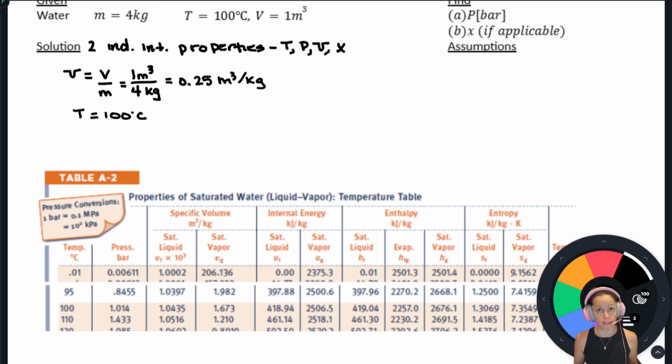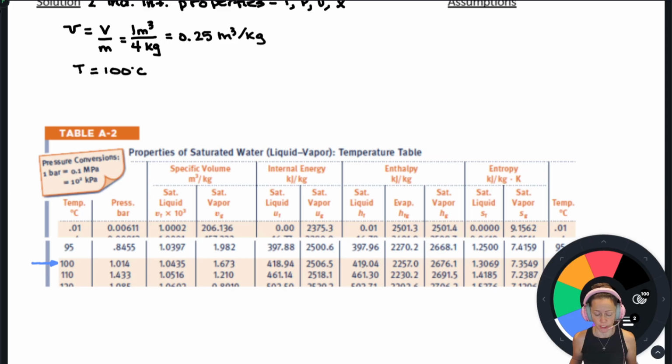So I'm going to go to my saturated tables to figure out what phase we're in. So I'm in table A2, my saturated tables organized by temperature, at 100 degrees Celsius. My specific volume is between 0.0010435 and 1.673 meters cubed per kilogram.